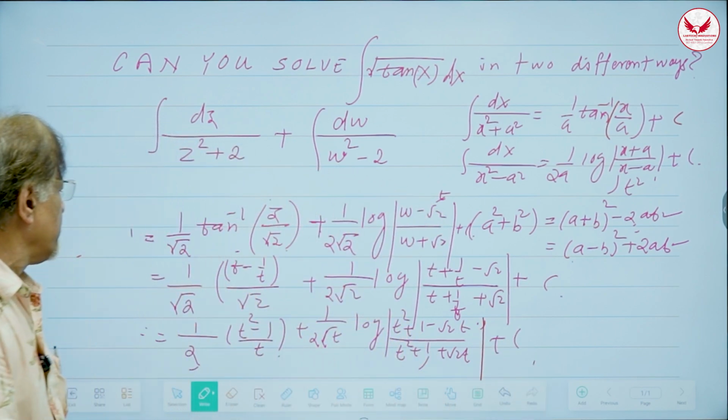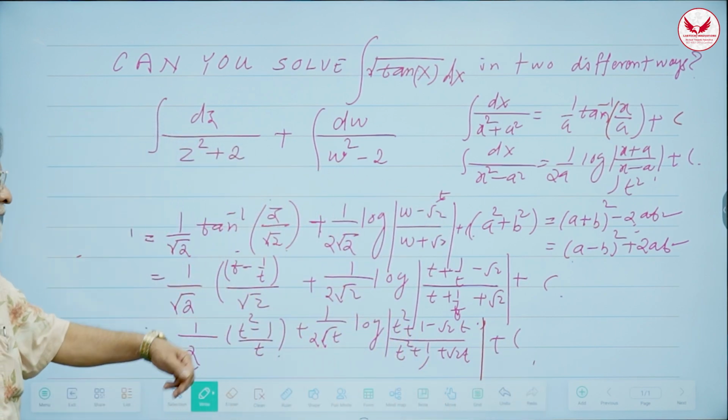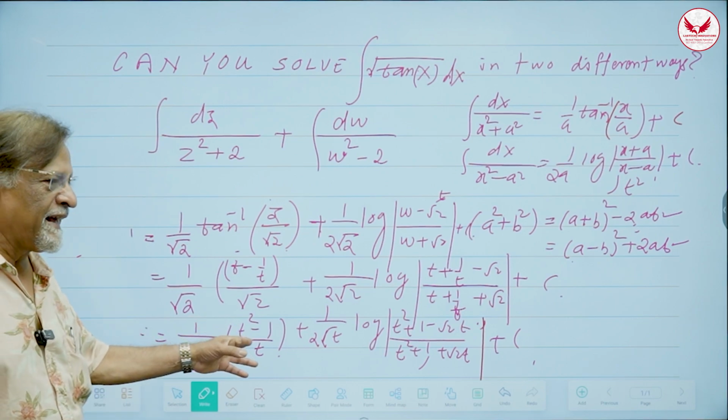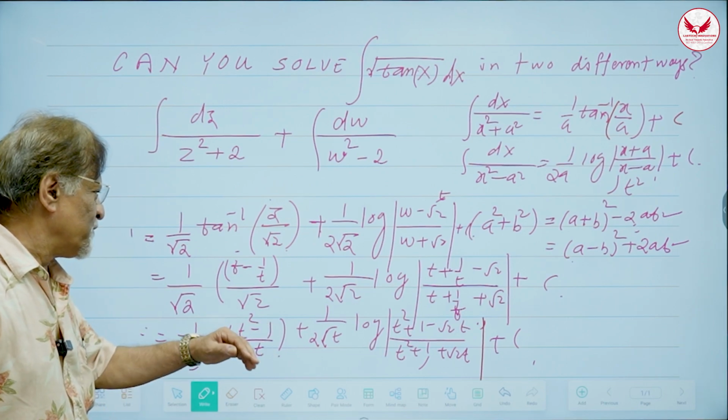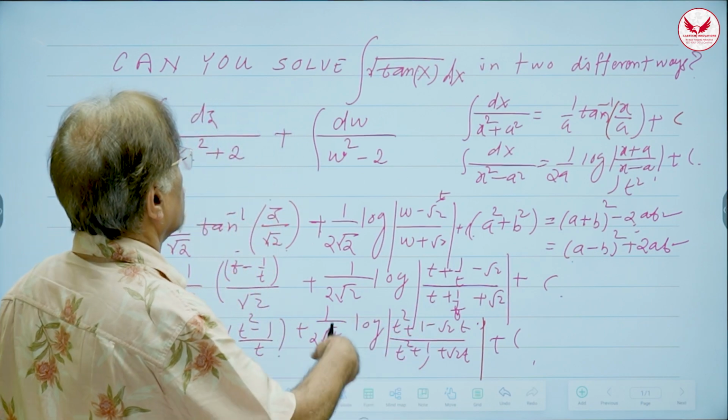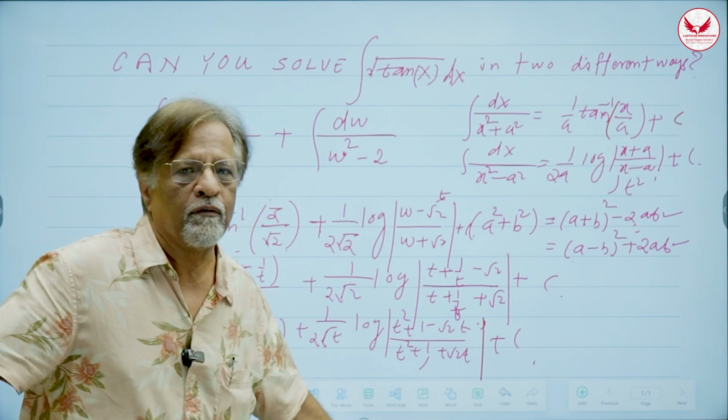The last step, I leave it to you. You have to replace t by what? tan x, right? So it is tan x minus 1 upon tan x, and tan x plus 1 minus 2 root tan x. So replace t by tan x and the problem is over.